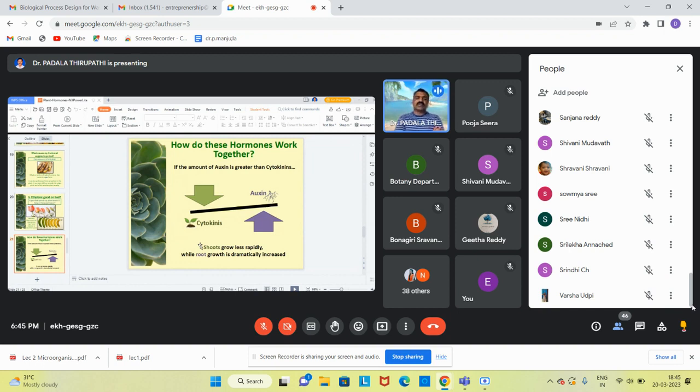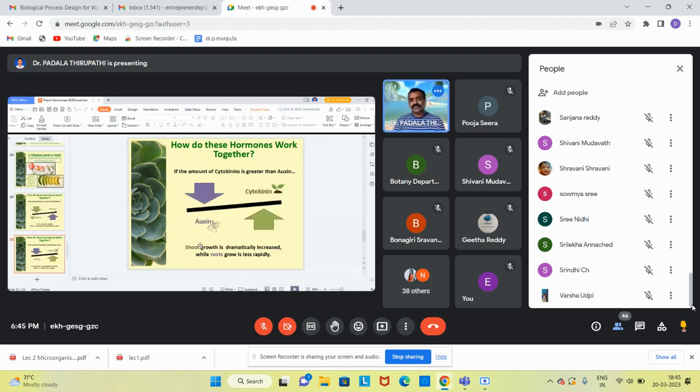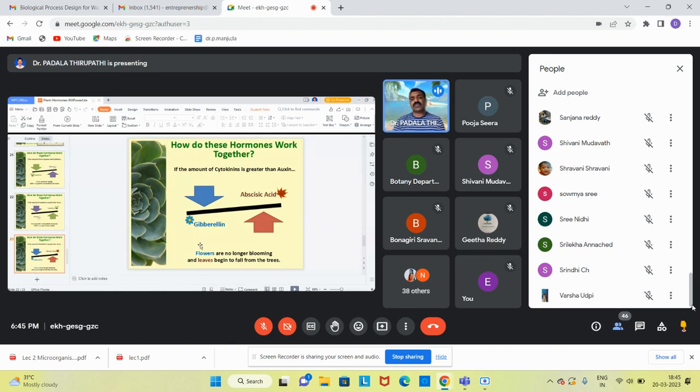When cytokinins are greater than auxins, automatically shoots are formed. That is the comparison between auxins and cytokinins.